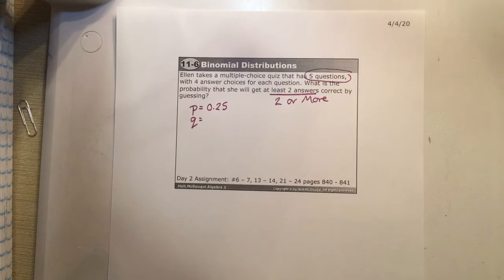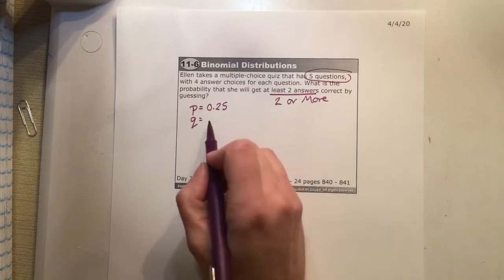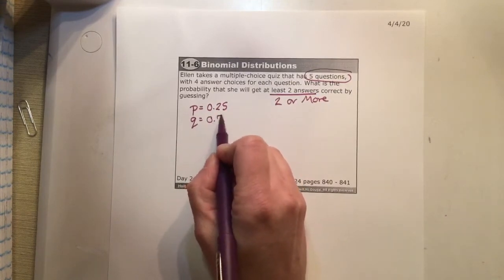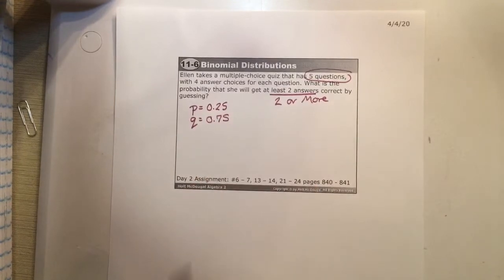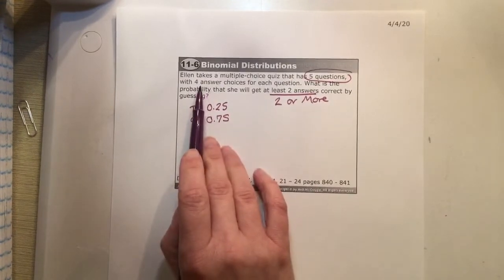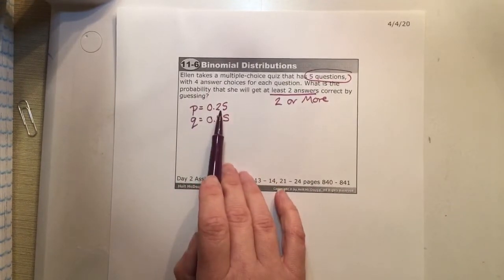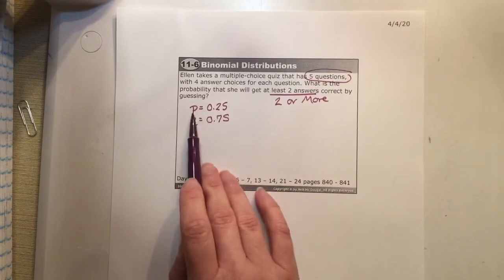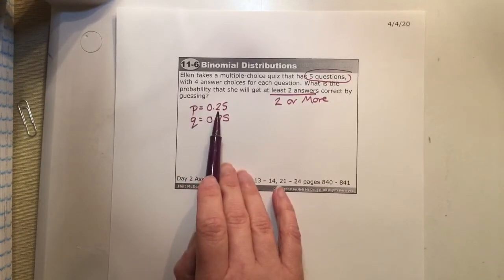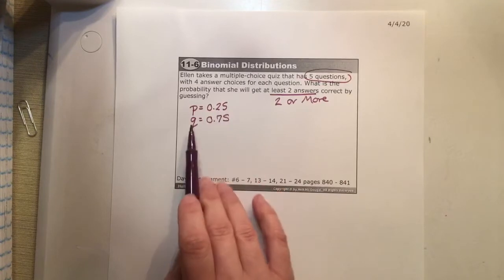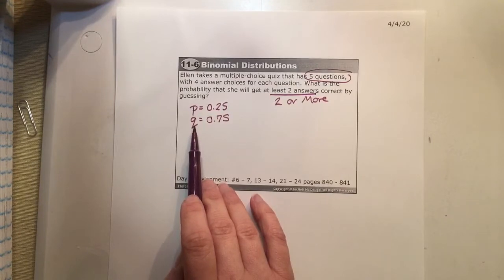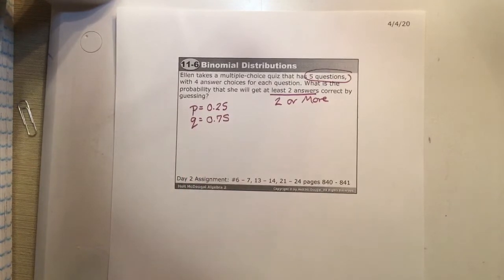You guessed the wrong solution. So 3 out of the 4 answers are incorrect. Okay, so again, you're guessing. There are 4 answer choices. 1 out of 4 would be correct. That would be your success. 1 out of 4 is 0.25 as a decimal. Your chance of failure, meaning you don't get it correct: 3 out of the 4 options are going to be incorrect. 3 out of 4 as a decimal is 0.75.